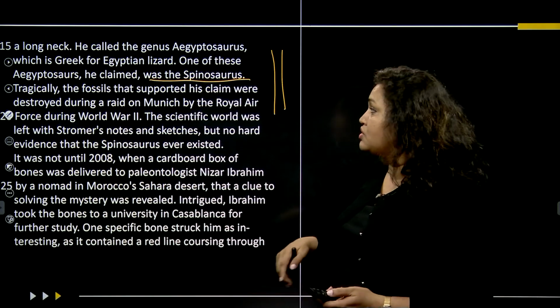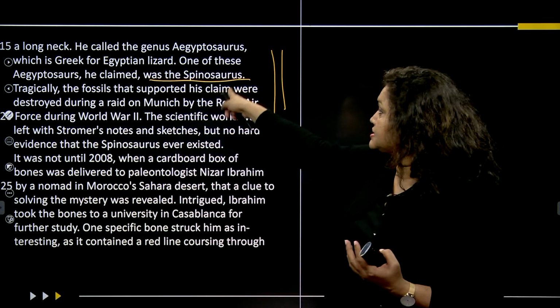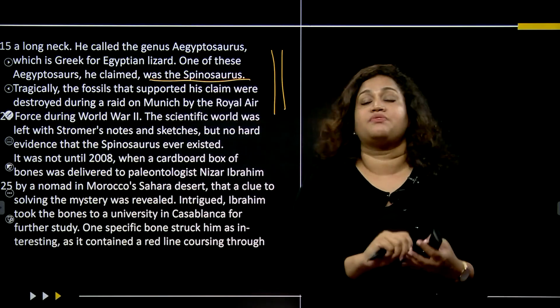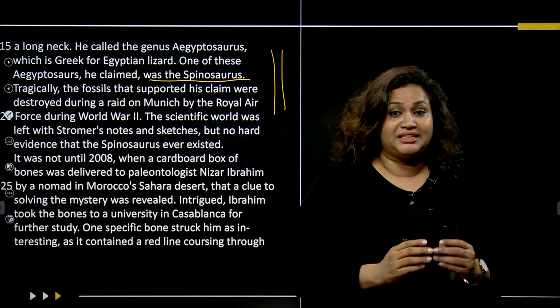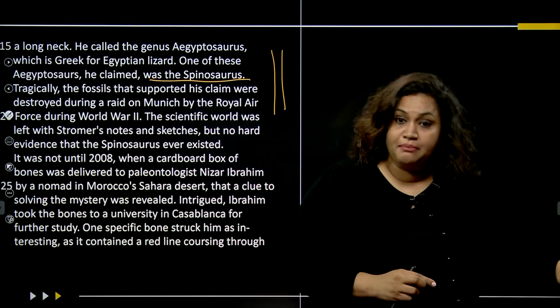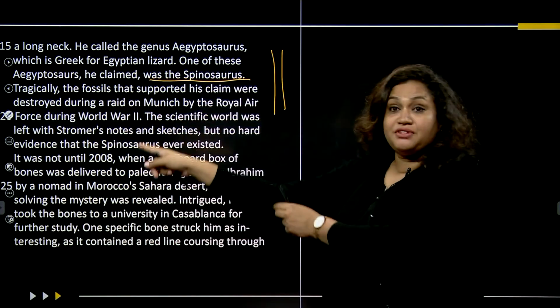Now in the second flow chart we need to understand that those fossils were basically considered to be Spinosaurus. Yes, we have just put it that way. They were basically transported from Egypt to Germany, right? But here we have to understand that they were destroyed.